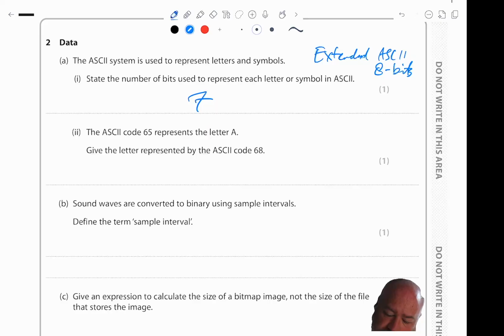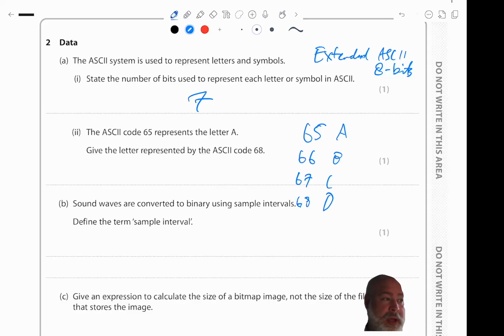ASCII code 65 represents A. What's 68? Well, 65, 66, 67, 68. If 65 is A, B, C, and D. You do not want to be getting questions like this wrong in your exam.